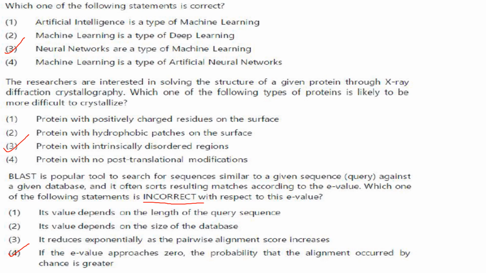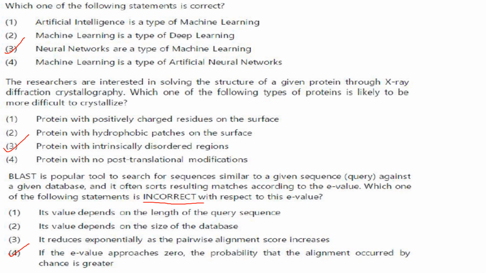Now next one. The researchers are interested in solving the structure of a given protein through X-ray diffraction crystallography. Which one of the following types of protein is likely to be more difficult to crystallize? So X-ray crystallography requires high quality crystals to determine the protein structure.